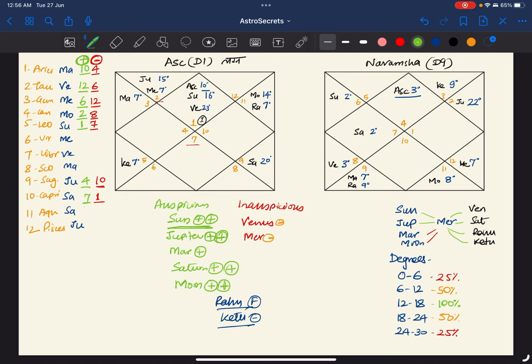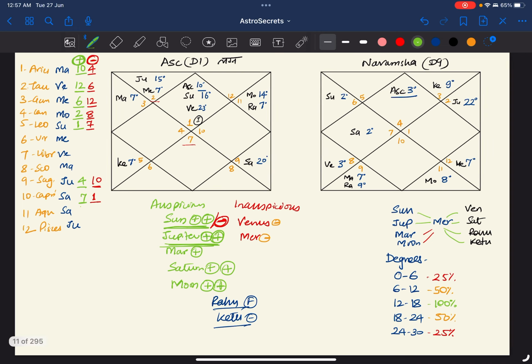Although the amount of impact is less, at 50%, considering overall the impact is amplified, Jupiter is going to prove very beneficial. So maybe let me put a negative here, because in the D9 chart Sun is at 2 degrees, but if I consider Jupiter, basis the D9 chart, it is going to prove beneficial for the person.